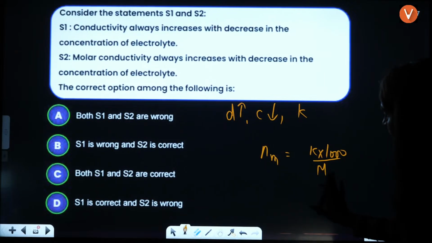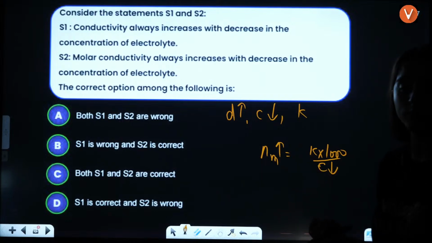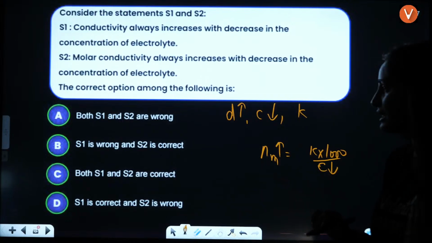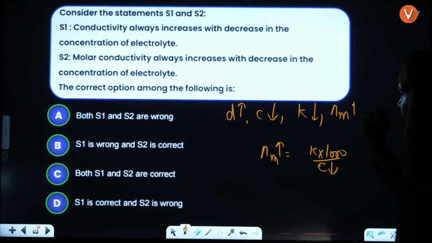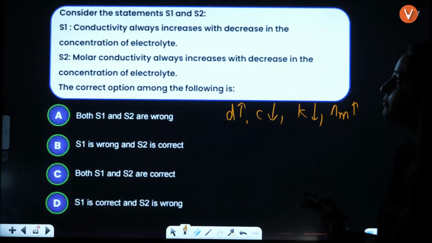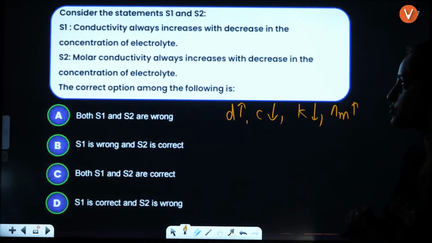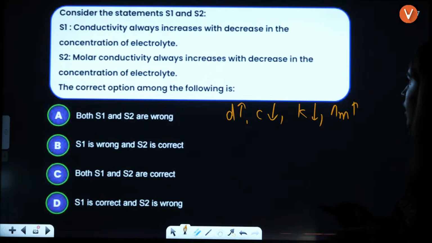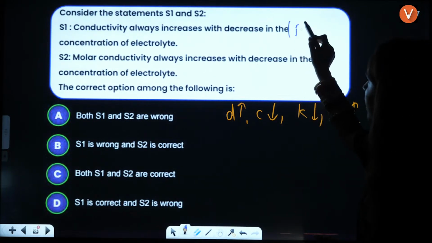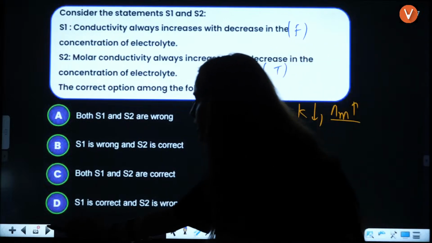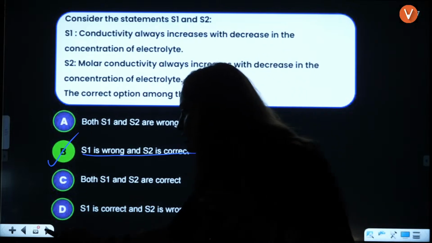So if molarity decreases, molar conductivity will automatically increase. Kappa decreases, molar conductivity increases. Remember: conductivity always increasing with decrease in concentration is false. Molar conductivity always increasing with decrease in concentration is true. So S1 is wrong and S2 is correct, that is B is the correct answer.